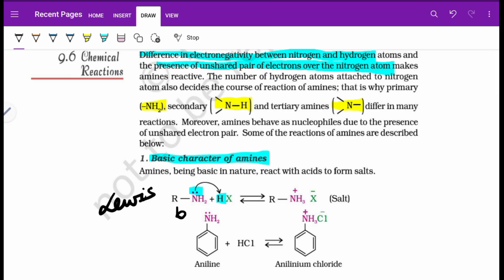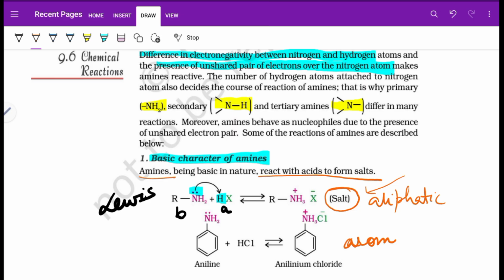So nitrogen is capable of abstracting proton and HX is capable of donating proton, and so it is acidic in nature. So this is the salt that is obtained on account of the reaction between an acid and the base, which is the amine. It's basic in nature. So it forms salt. This example is of aliphatic amines, and the next example is of aromatic amine.